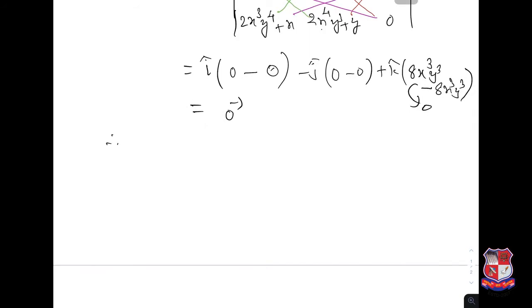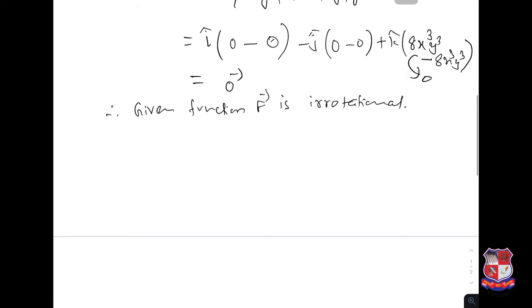Therefore, the given function f is irrotational because its curl is 0. Now let us see how to find out scalar potential.